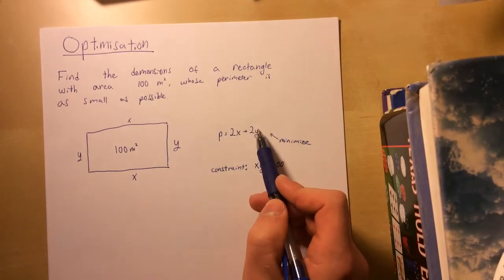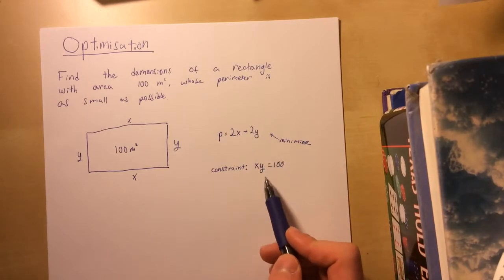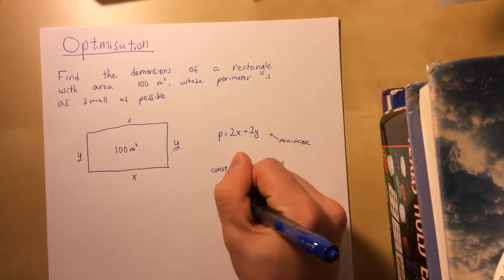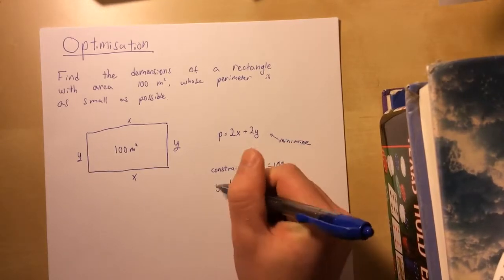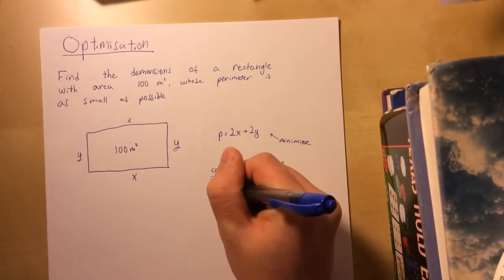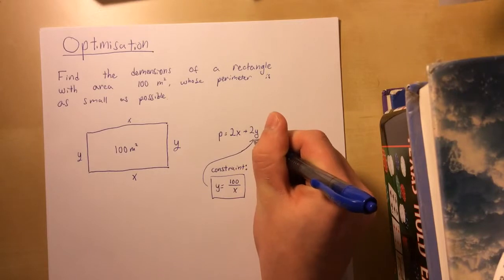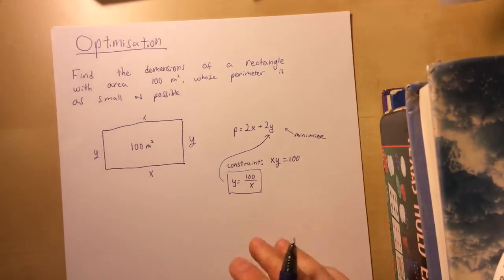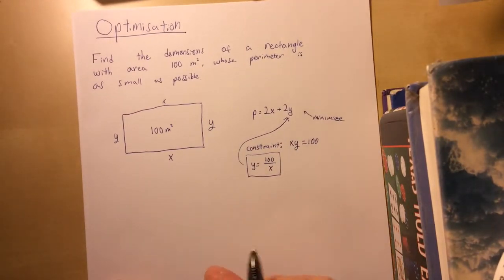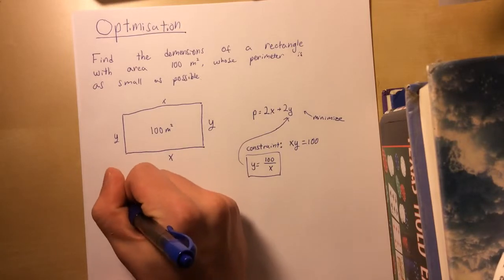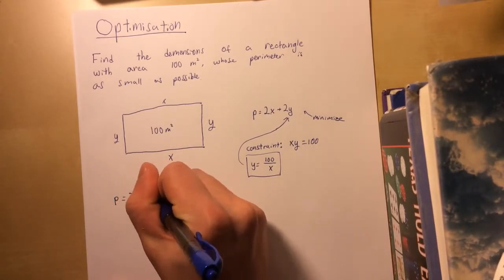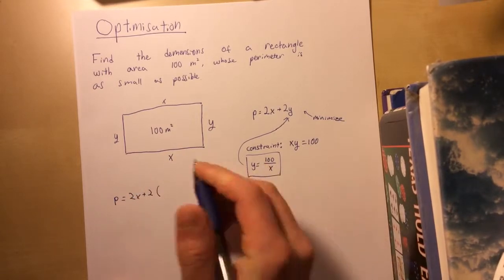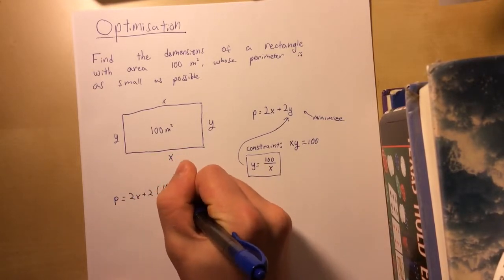So now I'm just going to solve for y in my constraint. y is equal to 100 over x, and I'm going to plug this into the perimeter equation. So that's going to give me perimeter is going to equal 2x plus 2 times 100 over x.